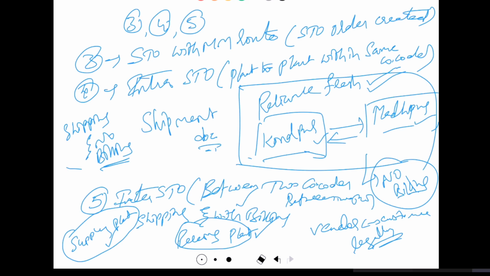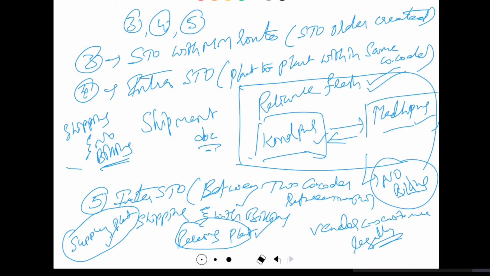In SAP, the entire STO process is the biggest one, and it's a very important process as well. Everyone is using this process. Why? Because everyone has 2-3 plants, at least 2 to 3 plants, and they want to transfer the goods.